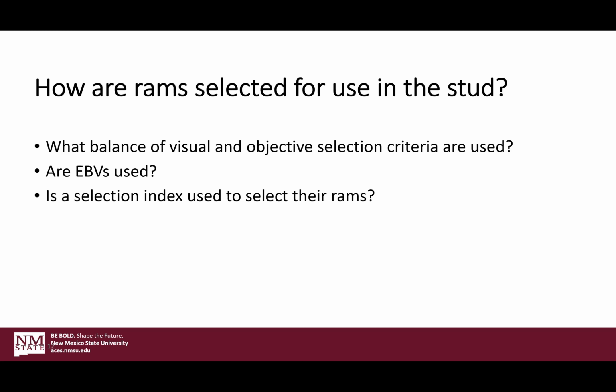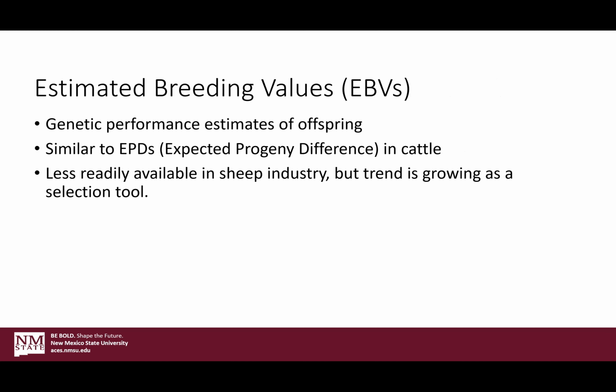Indexes are also a way of making these selections as well. An index is something that combines a bunch of traits together and puts an economic dollar to it. So the estimated breeding values are the genetic performance side of things, estimating what the offspring are going to do.